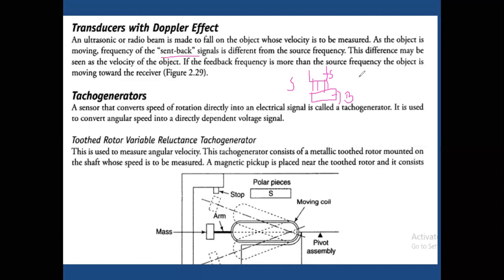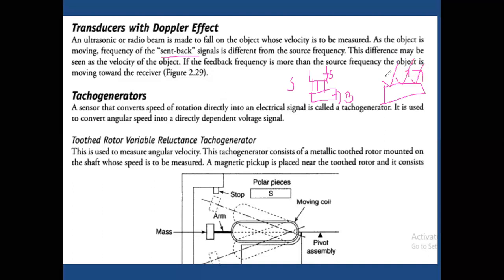Whenever the ultrasonic waves strike the body and are reflected back to the sensor, these waves have some kind of frequency, which you can call the reflected frequency. After striking the body, the waves are reflected like this.